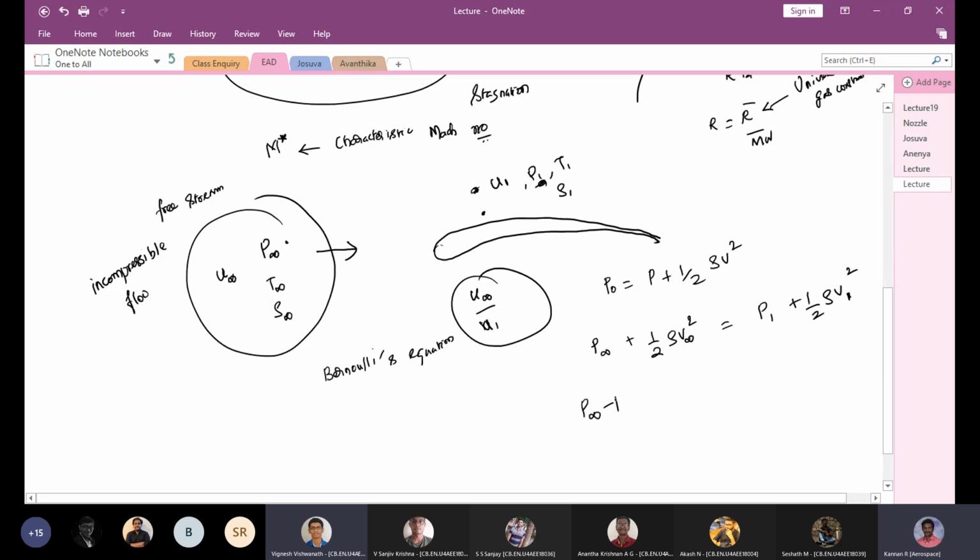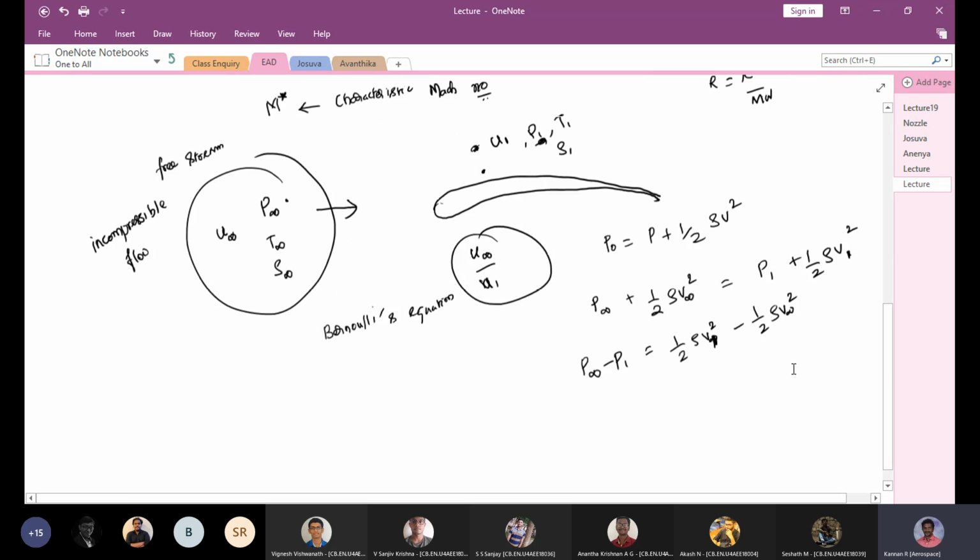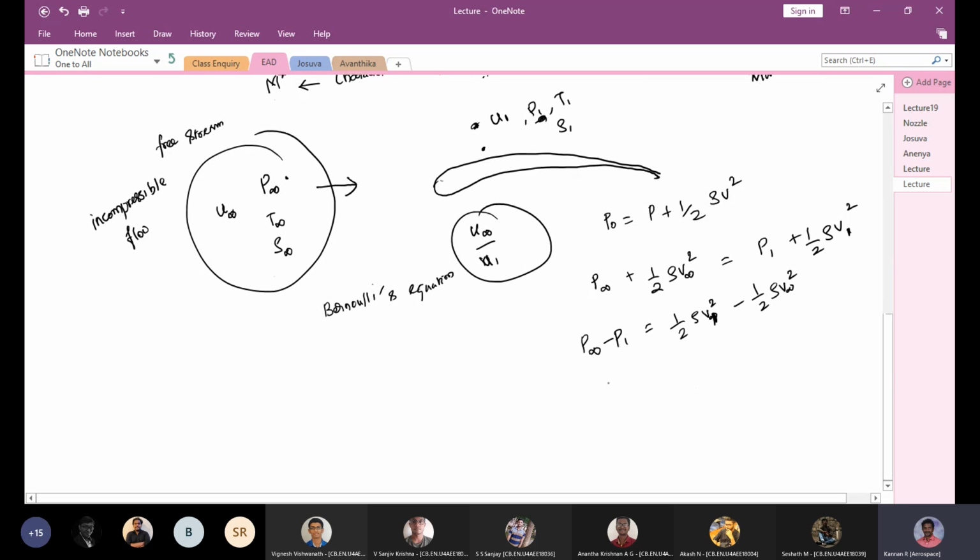P infinity minus P1 is equal to half rho V1 square minus half rho V infinity square. Let us take half rho V infinity square out. I can write V1 square divided by V infinity square minus 1.